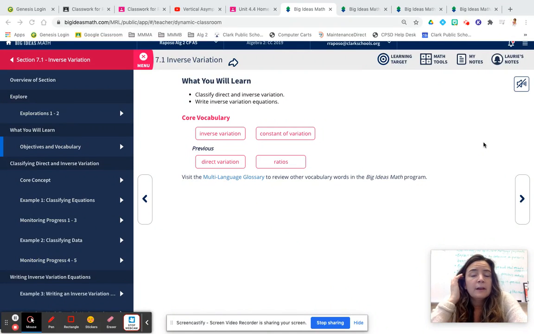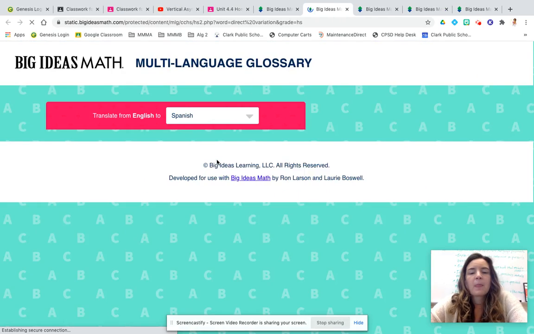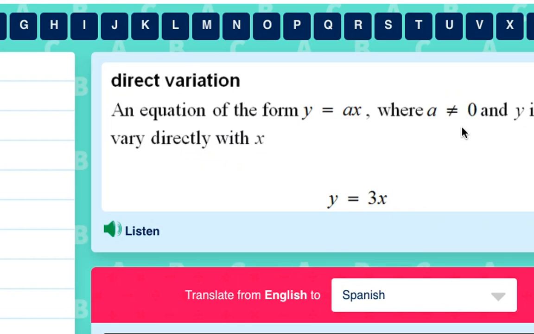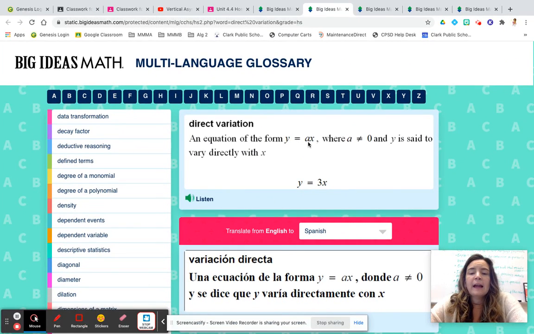Okay, guys, so the next section we're going to go over, we're going to talk about a little bit of direct variation and more about inverse variation. So direct variation is an equation that is in this form. It has y equals ax, and a is a number. It could be any number. So they're giving you an example of y equals 3x.